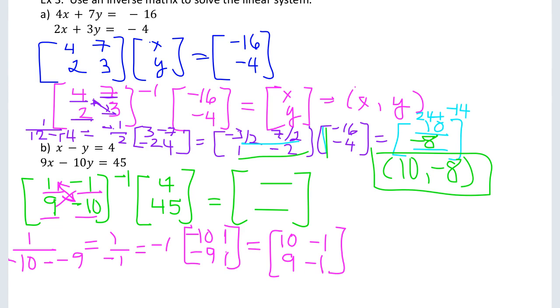All right, so let's make sure we have this here. We have 1 over negative 1. It's negative 1. We switch those around, distribute in the negative 1. And then we're going to multiply it by the constant matrix. So row 1, column 1, be 40 minus 45.